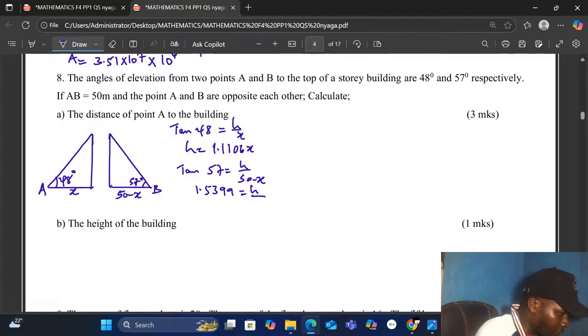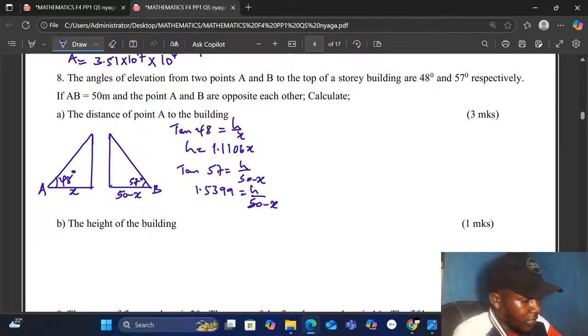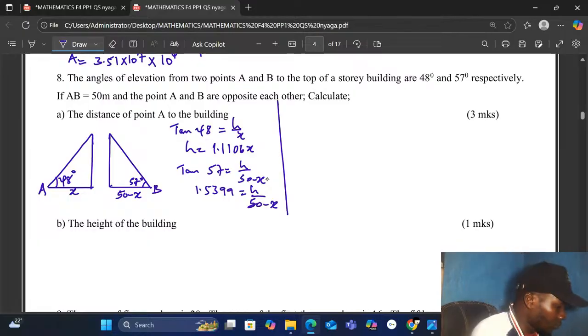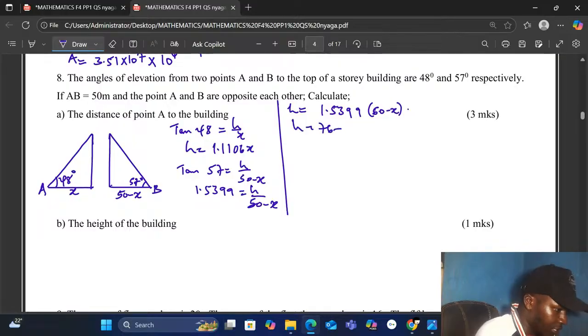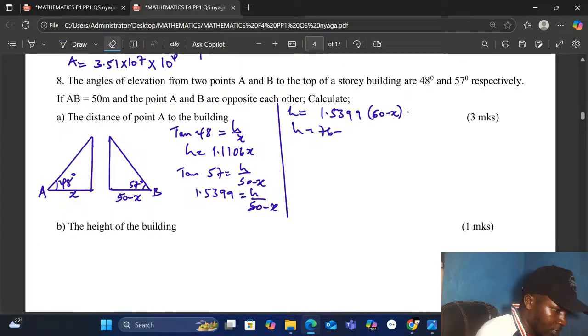We still have 50 minus x, so that the height will be equal to 1.5399 times 50 minus x.